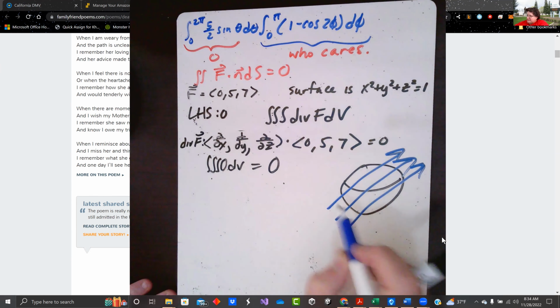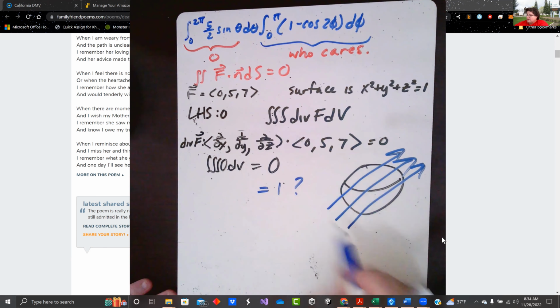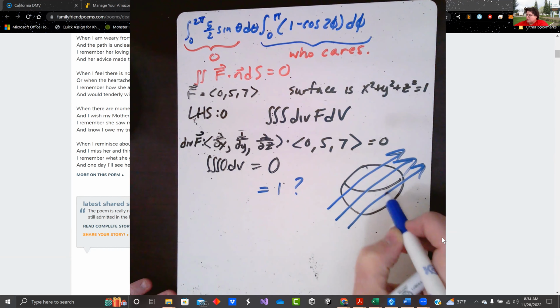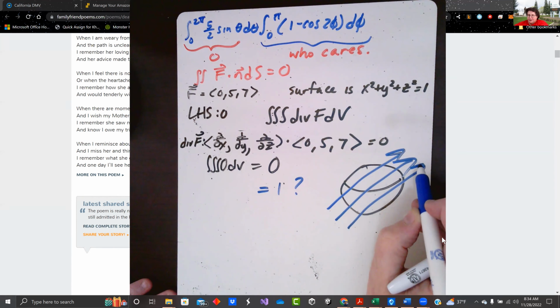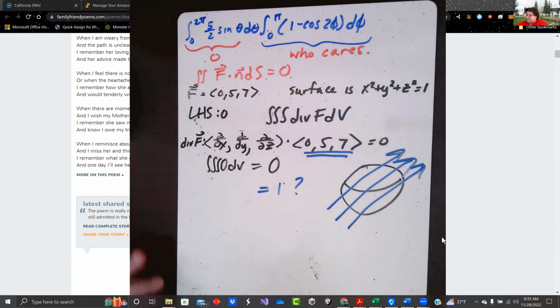The only way this is not 0 is if, say it's 1, that means there's more going out than coming in. But the flow is constant, so there's no way there's more going out than in. So it's got to be 0. 0 is just in and out at the same rate.